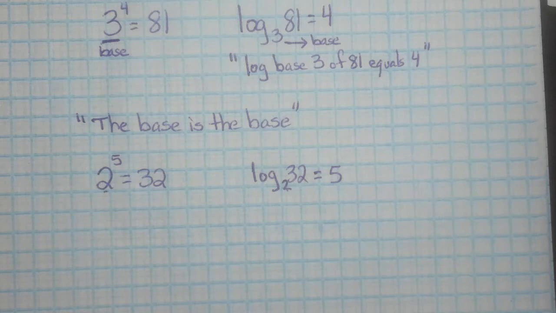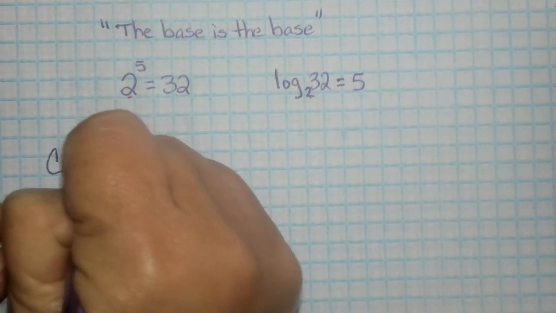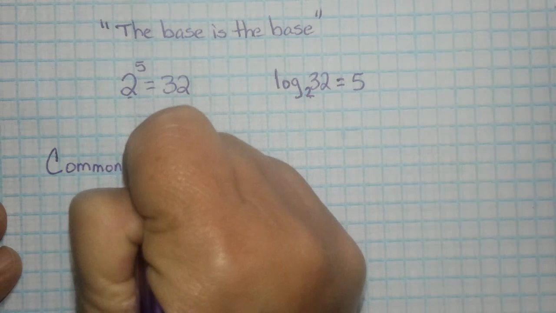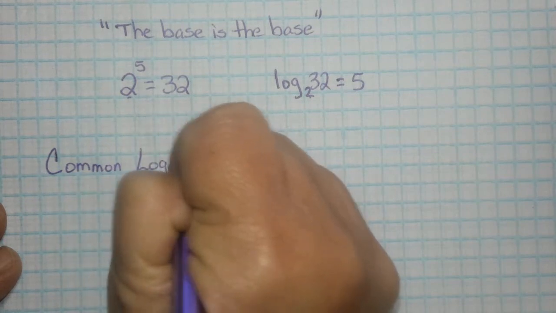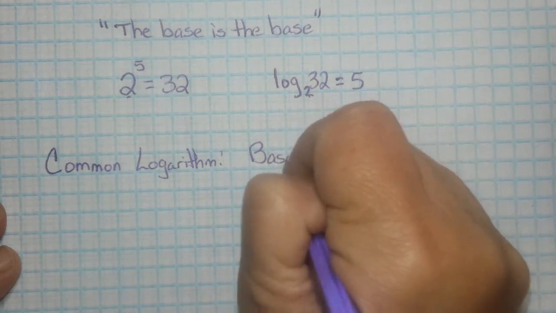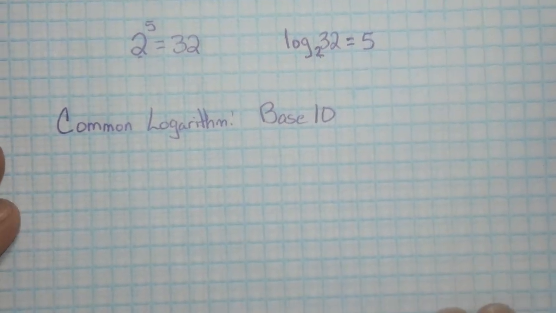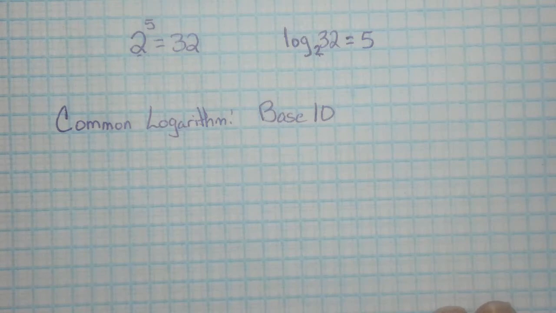Alright, there are two special bases for us to talk about. The common logarithm is base 10. So when we're dealing with base 10, a lot of times we just omit the base completely.